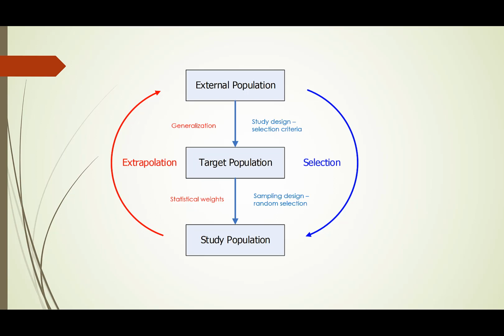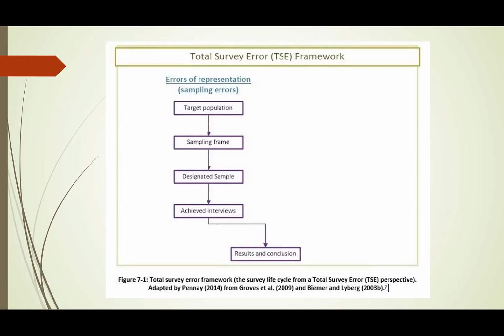That's the selection process, and then we do the interview and gather information on different attributes of their operation, and then we apply statistical weights to those responses to get back up to the target population and describe what's going on with that target population. And then if we're comfortable enough, we can generalize back to the external population.